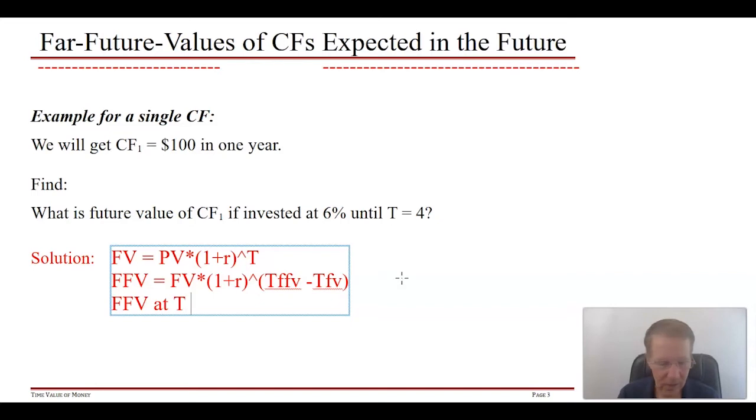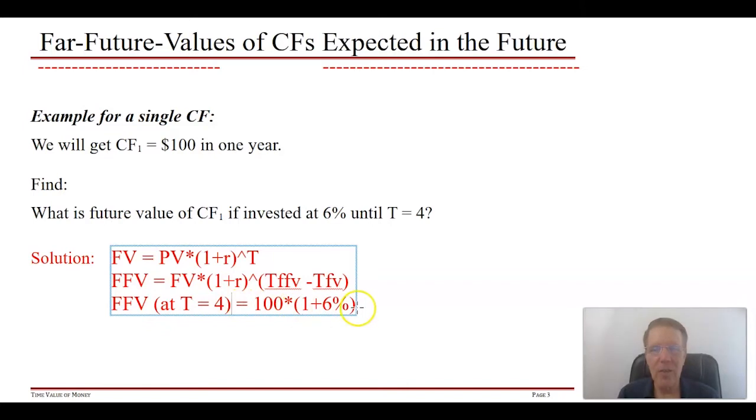FV at t equal 4 is equal to, we're going to get that 100, and we have 1 plus 6% here, and this is when t equal 4. Let me just put that in parentheses so it's not confusing anybody.